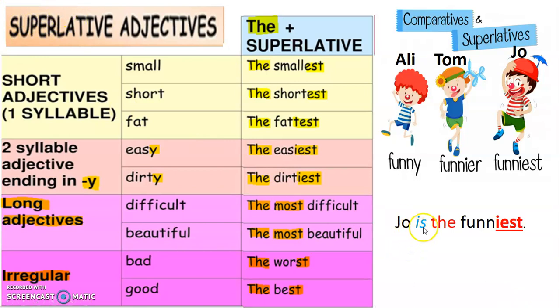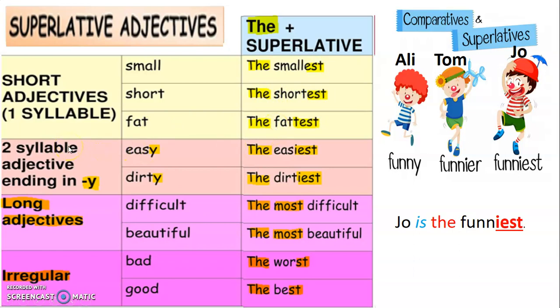As you can see here, Joe is the funniest. Can you see here in the superlative we don't use the word than? Okay? So when you have a short adjective, it's the smallest. The plus the adjective plus est. The same here, the shortest, the fattest.